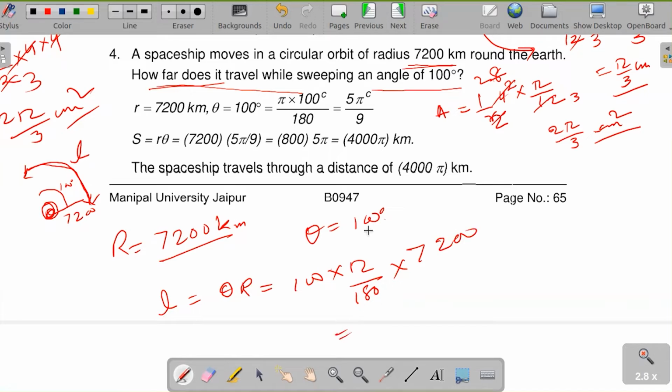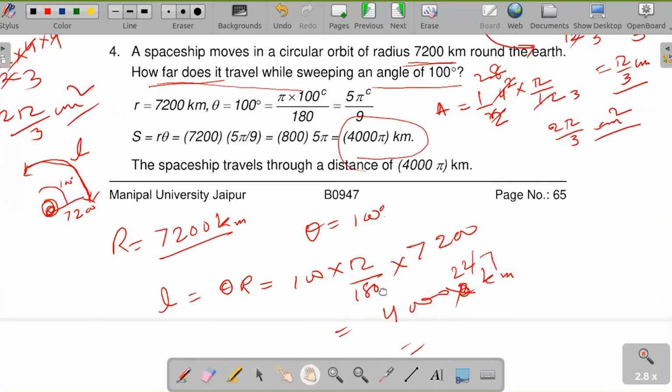So whatever we get, I'm putting it somewhere: 4005 kilometers. If you want a more detailed answer, just replace pi with 22/7. But only if it is asked in the question. Okay, clear everyone? So this was just a simple formula.